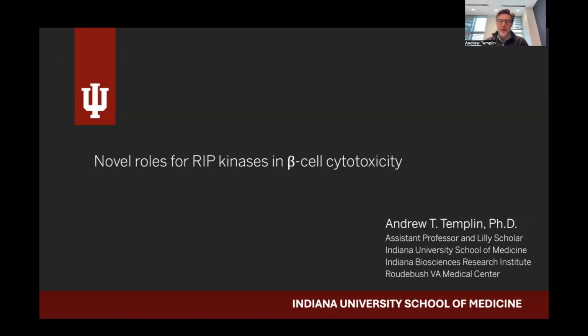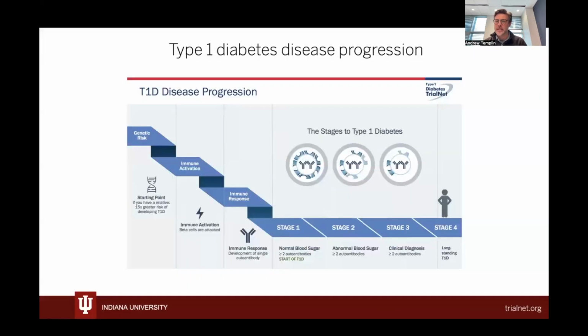So today I'm going to tell you a little bit about novel roles for RIP kinases in beta cell cytotoxicity. As you likely know, type 1 diabetes disease progression occurs over a relatively long period of time, wherein individuals at genetic risk develop an immune activation against islet beta cells, which results in immune responses against these that can be characterized by development of islet autoantibodies.